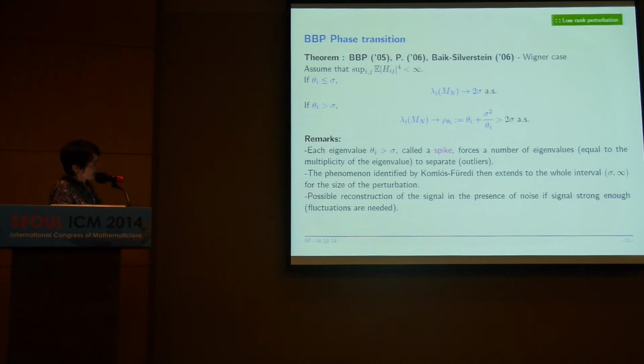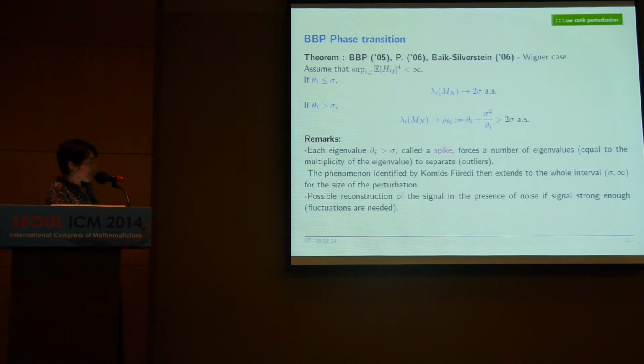I will need some assumptions. Actually, I will need that all the entries admit a finite fourth moment, and then the BBP transition is as follows. So assume first that A has no eigenvalue greater than sigma. Then we don't see anything for the behavior of largest eigenvalues. They still converge to 2 sigma, which is the top edge of the support of the semicircle distribution.